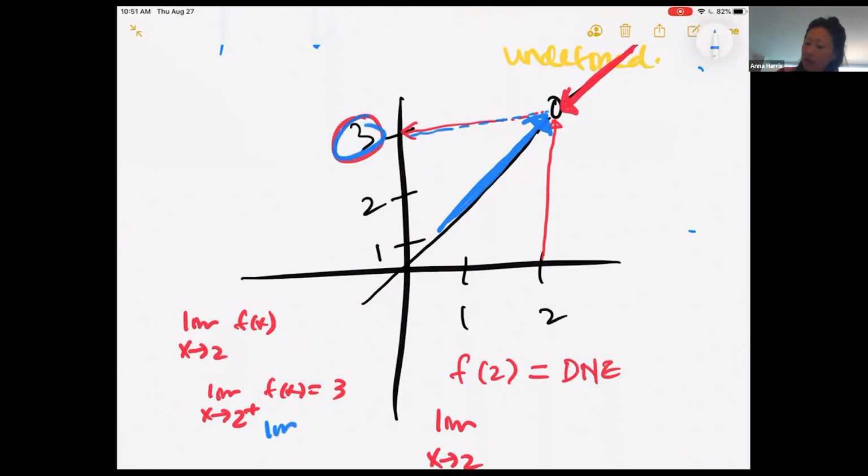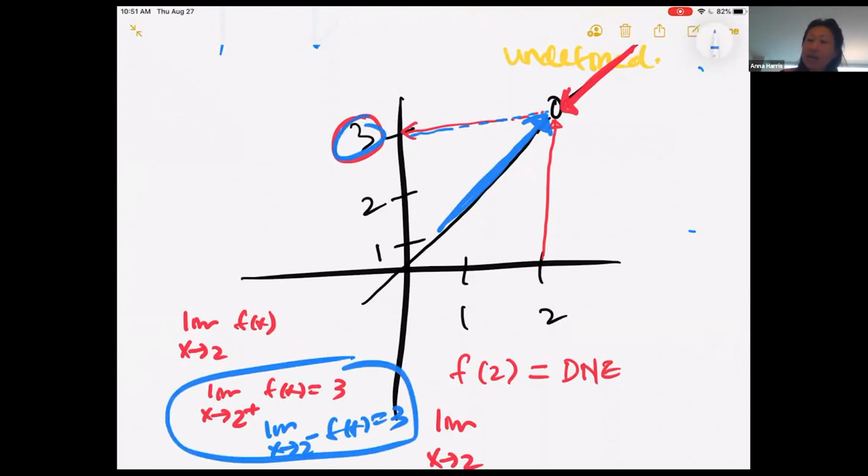So the limit as x approaches from the left-hand side also gives you what? 3. Since these two numbers are the same, I have the limit, which is 3. Davian, does it make sense to you now? Or are you still not so sure? I get it. Okay. Does anybody else have questions about this?